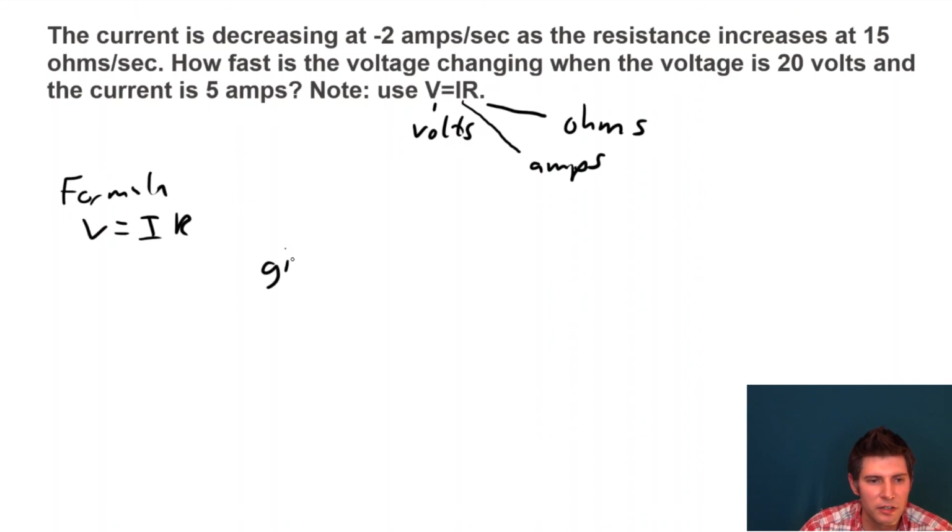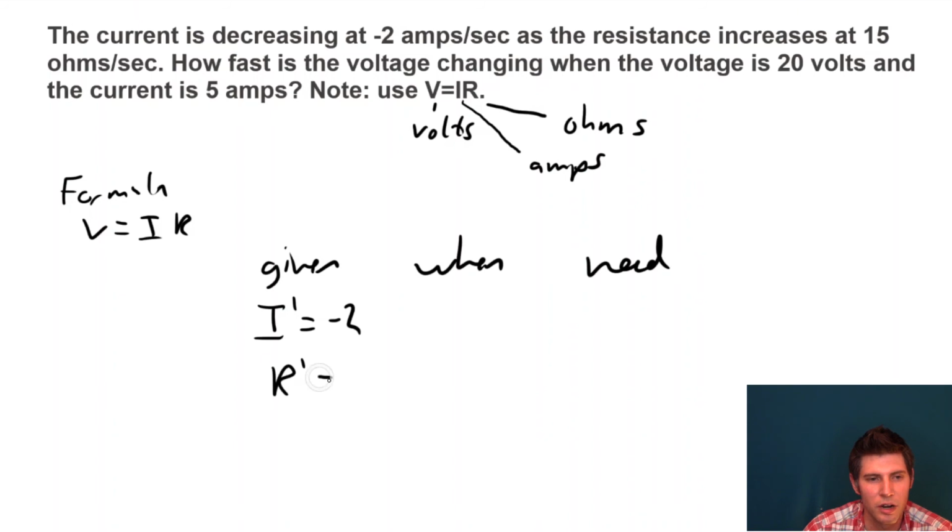Then our given, when, and need. So the given, the current is decreasing, so the current, which is I prime, equals -2, as the resistance increases at 15 ohms per second. So the resistance, which is R prime, is equal to 15. It's increasing. How fast is the voltage changing? So our need is V prime when the voltage, when V equals 20.